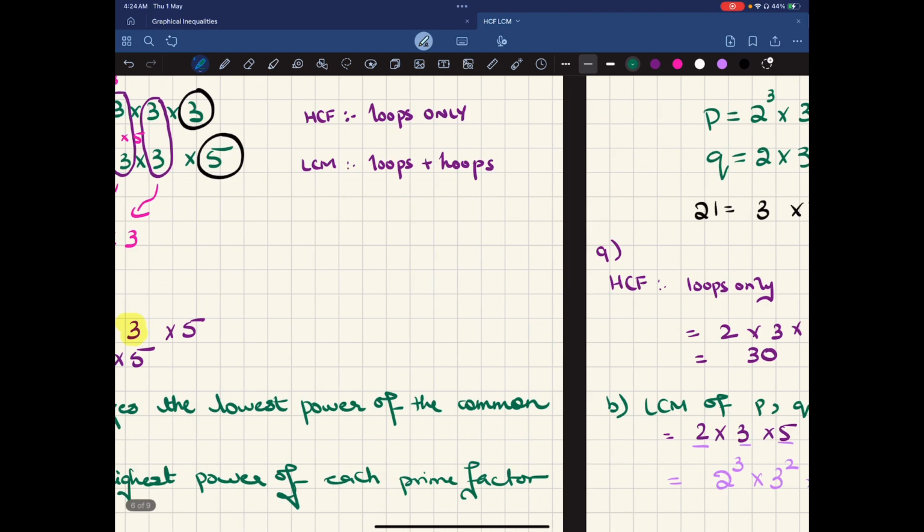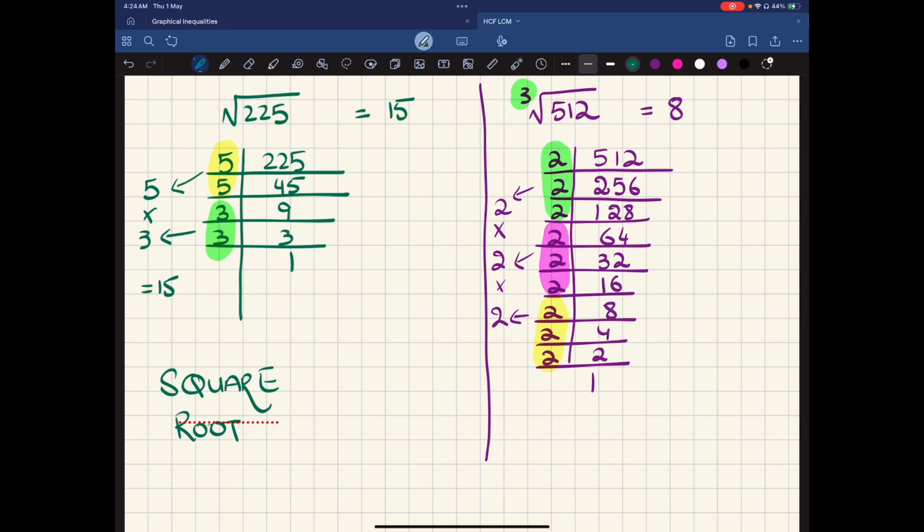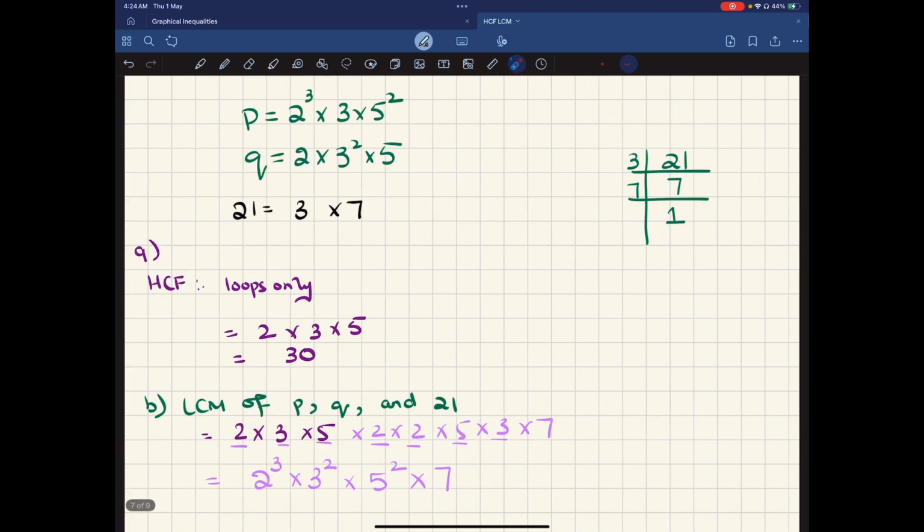So I again hope that you remember to find the cube root, we need to group our factors in groups of 3. Okay, and that is what we're going to do here.